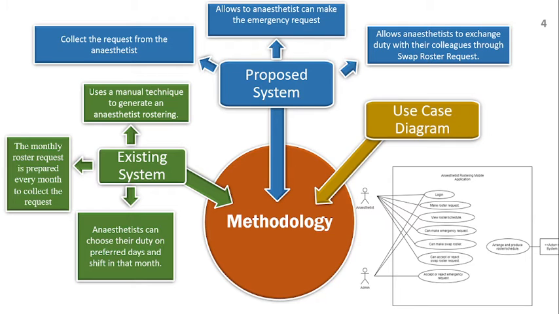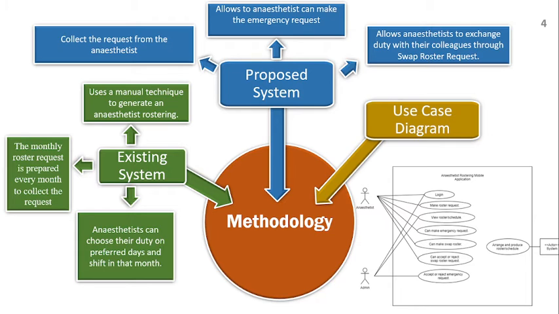So for the existing system, based on the beginning of the presentation, I already mentioned that HCTM uses a manual technique to generate the roster. The monthly roster request is prepared every month to collect the request for duty using the Google Form.